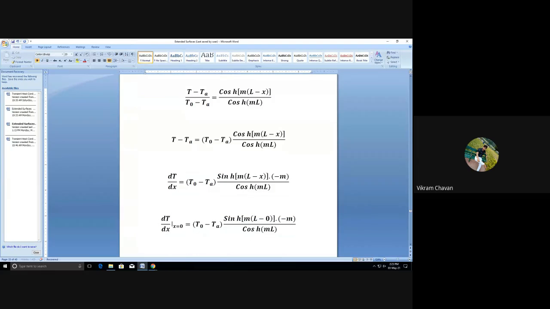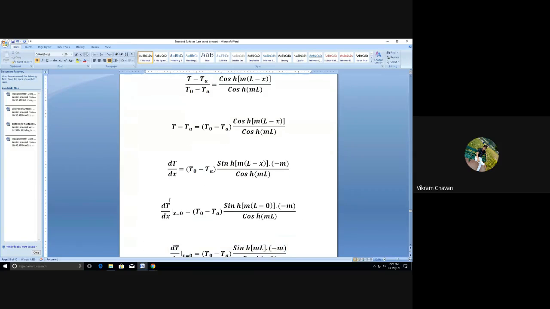Then we have to take the temperature gradient at x equal to 0, or the differentiation at x equal to 0. So we have to replace x by 0 in the equation.